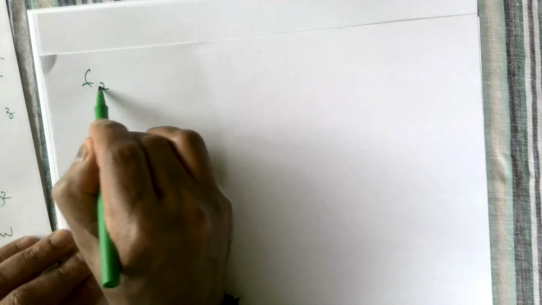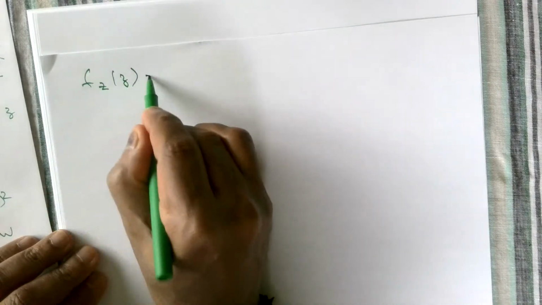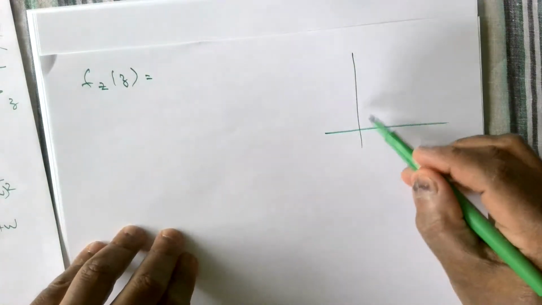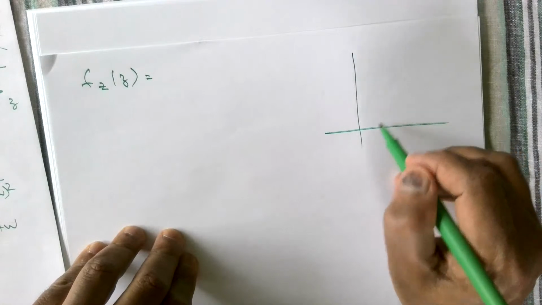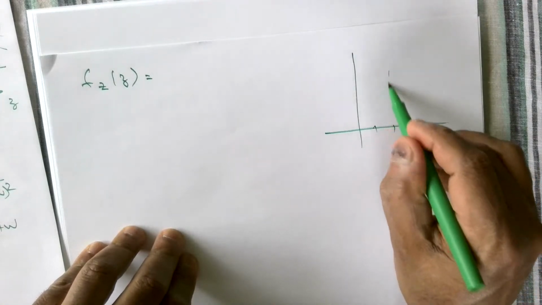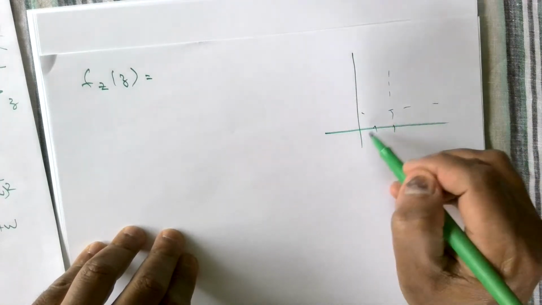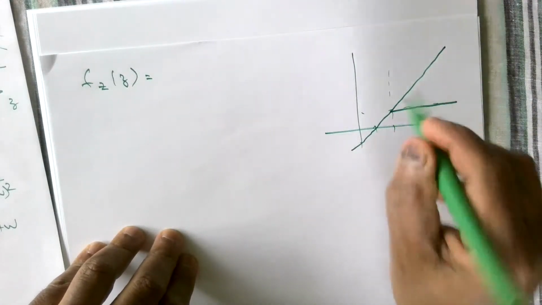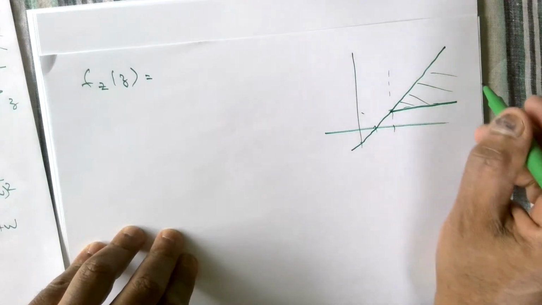So f_Z is, so I'll draw that region one more time here. So this is 1, 2, this is 1. So the line goes through like this. So this is the region we need to integrate on.